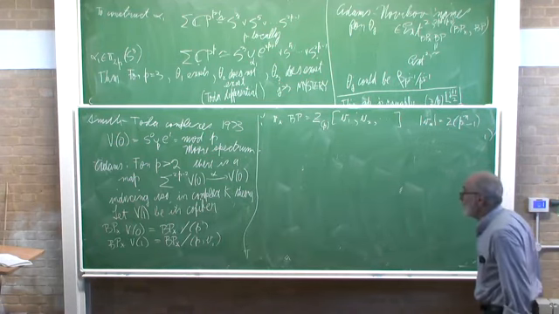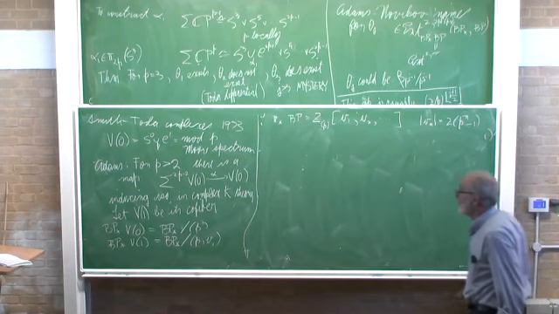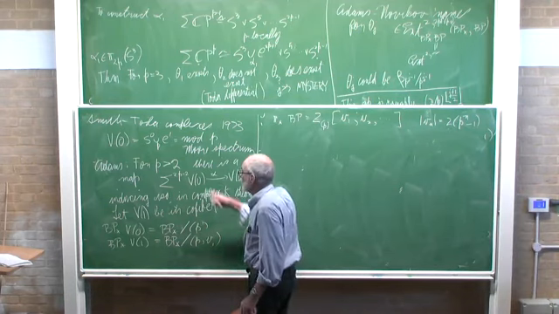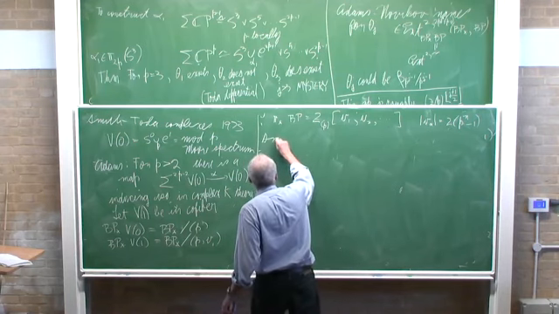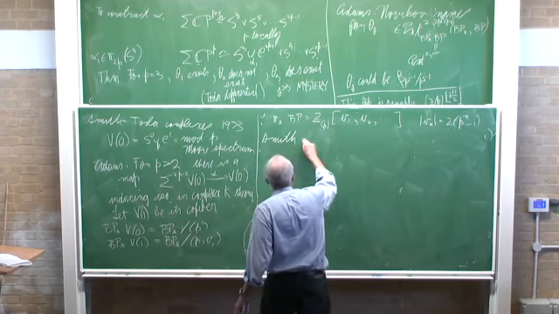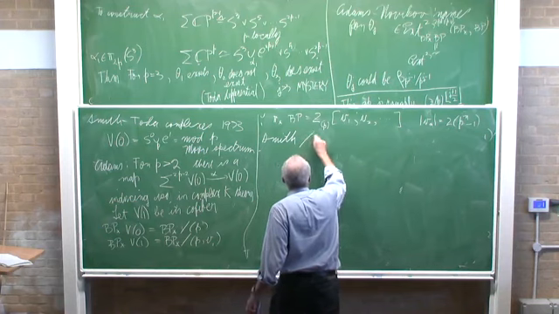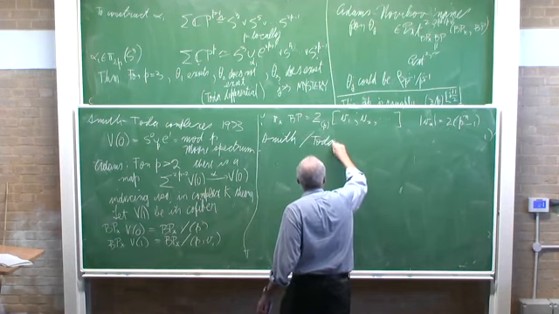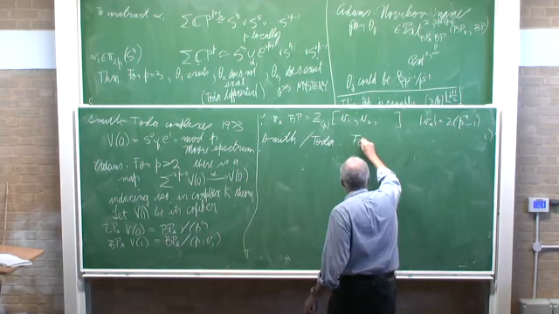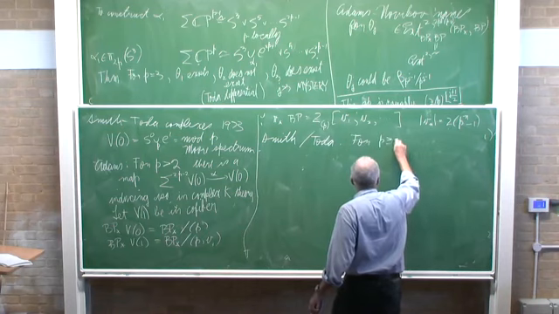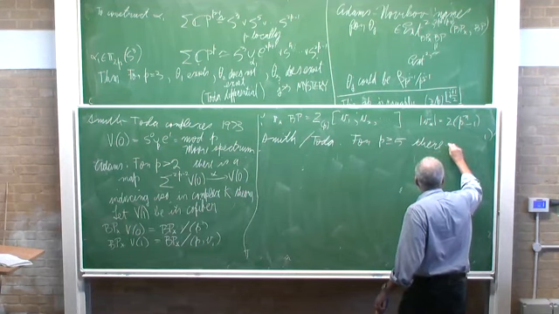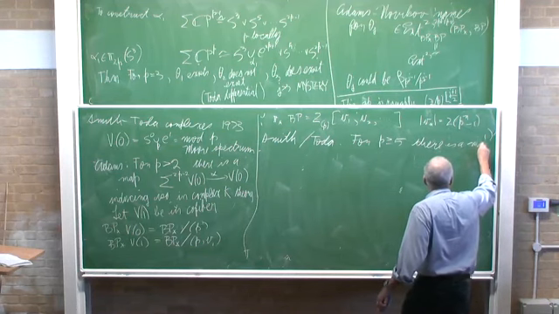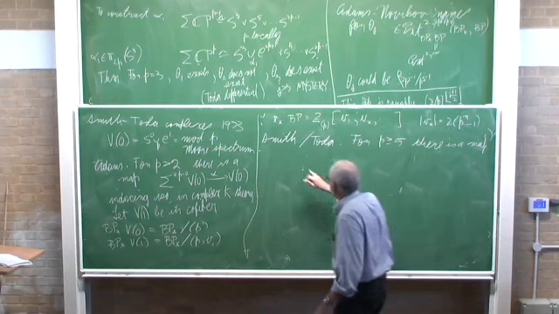And then there's another statement like this due to Smith and Toda independently. And it says, if the prime is at least 5, there's another map of interest.